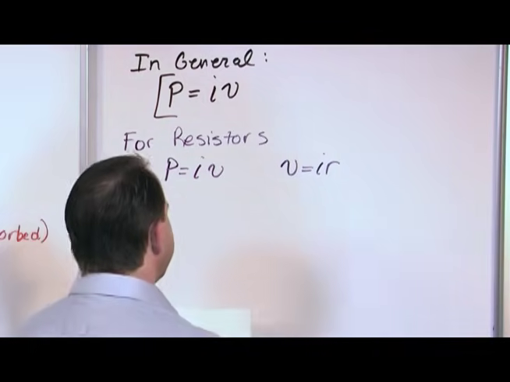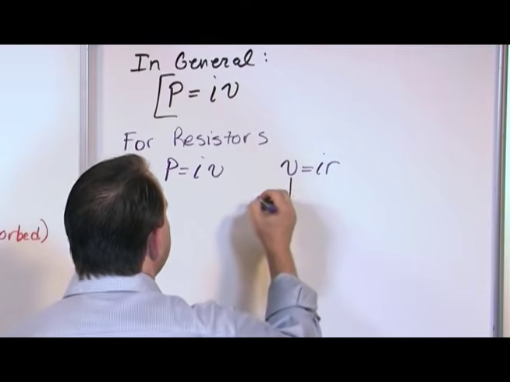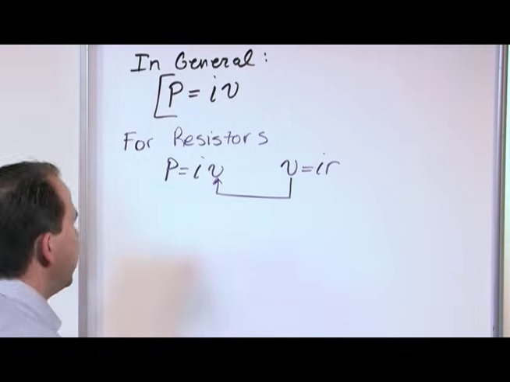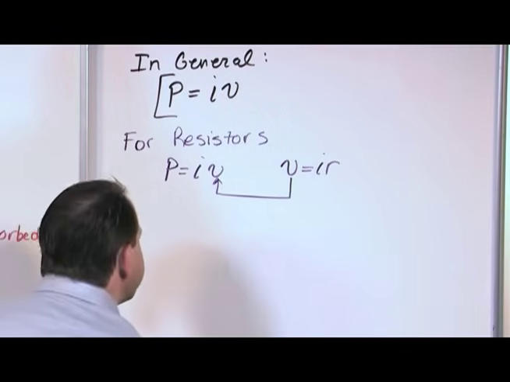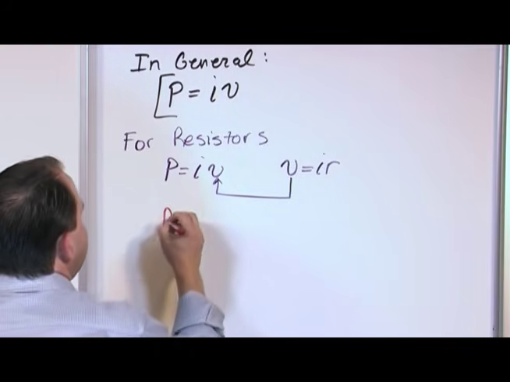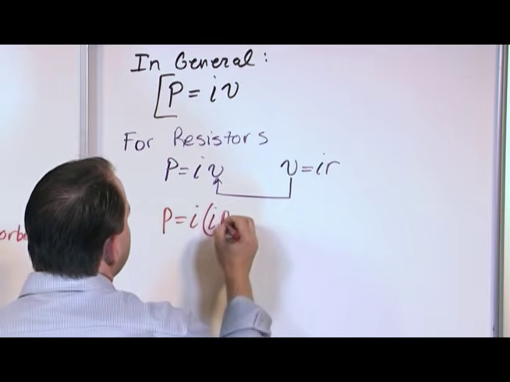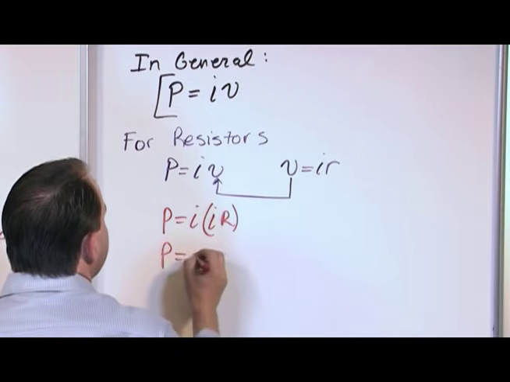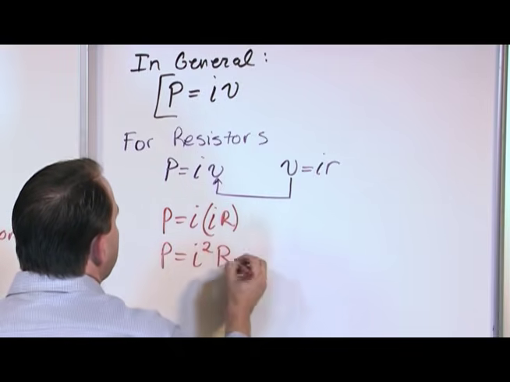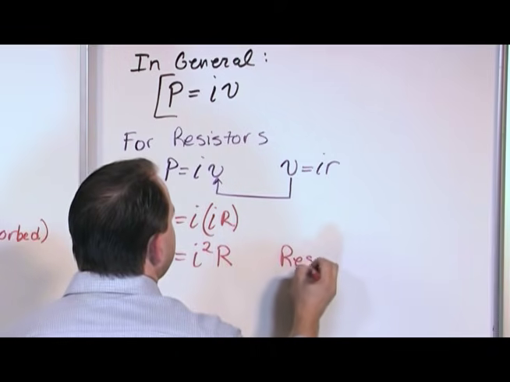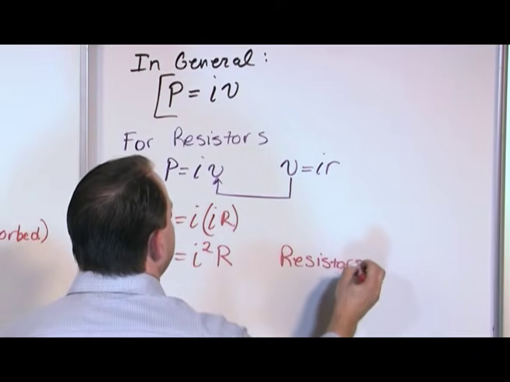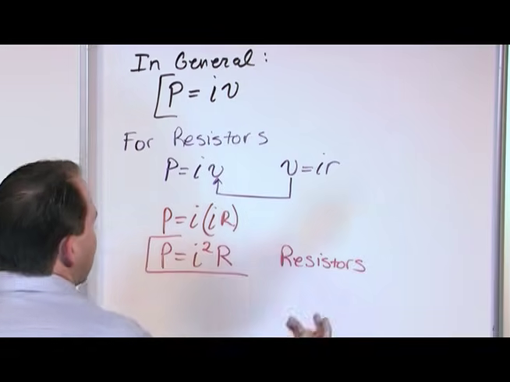So what we can do is take this V and plug it in here. And when we do that, P is equal to I times IR. So P is equal to I squared R. This is true for resistors. This is another way to calculate power.